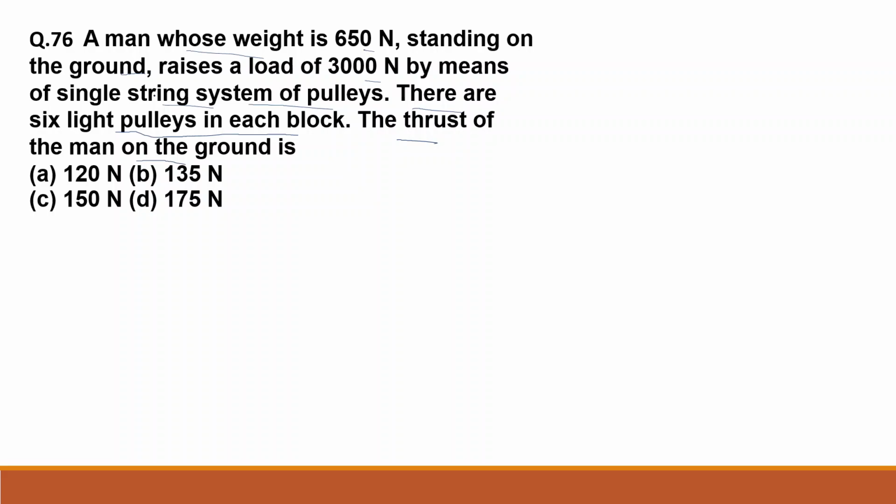In a single string system of pulleys, velocity ratio is equal to n, where n is equal to the number of strings between the fixed pulley block and the movable pulley block.